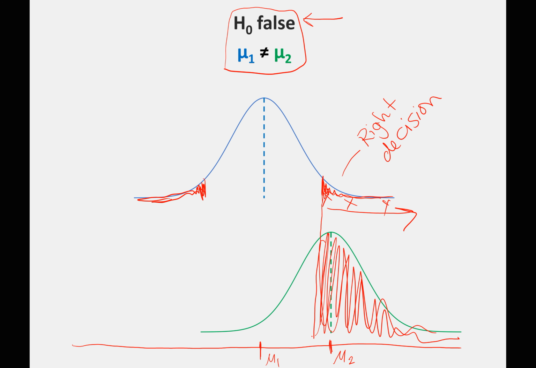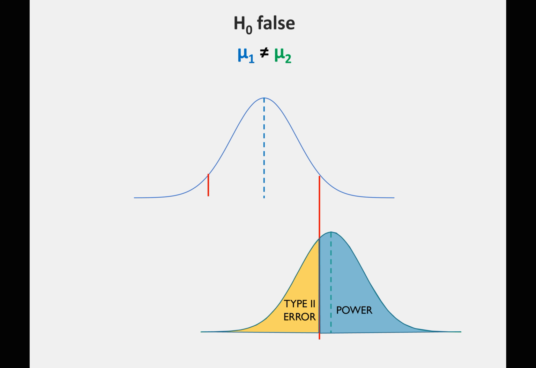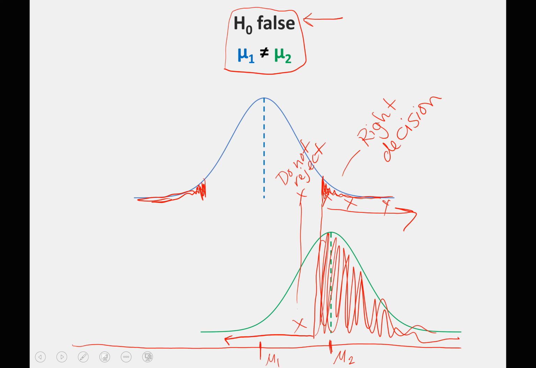Let's say we get something this way, right? So I get a mean that's here. Uh-oh, that's in my do not reject zone. Whoop, reject. I can spell, guys. Go back. There we go. Spoilers. So if we get anything over here, we're not going to reject the null, even though we should, because it's not right.